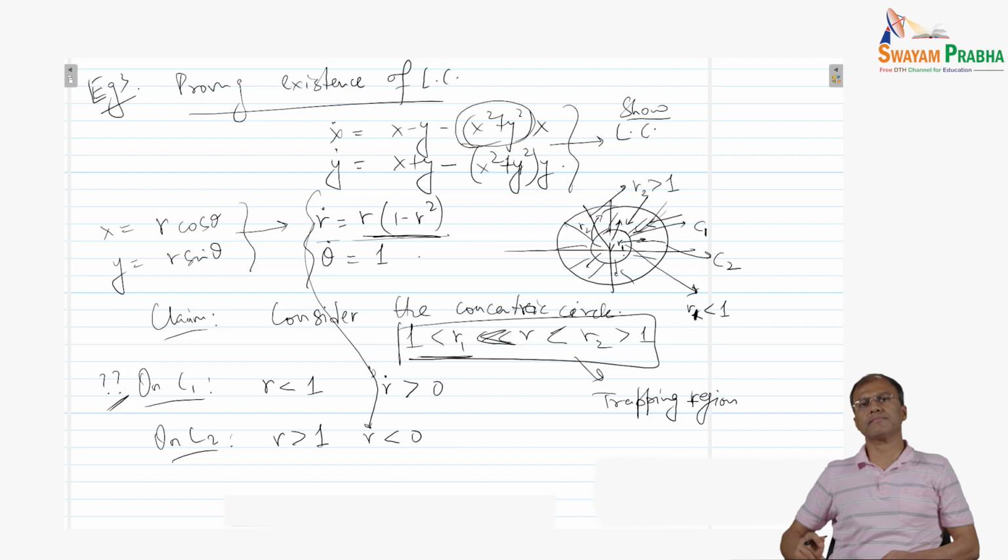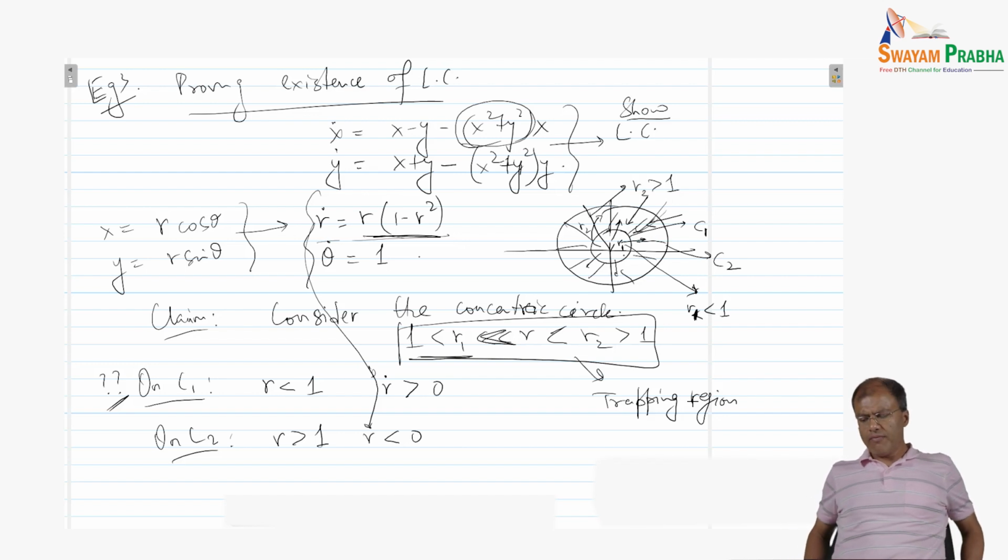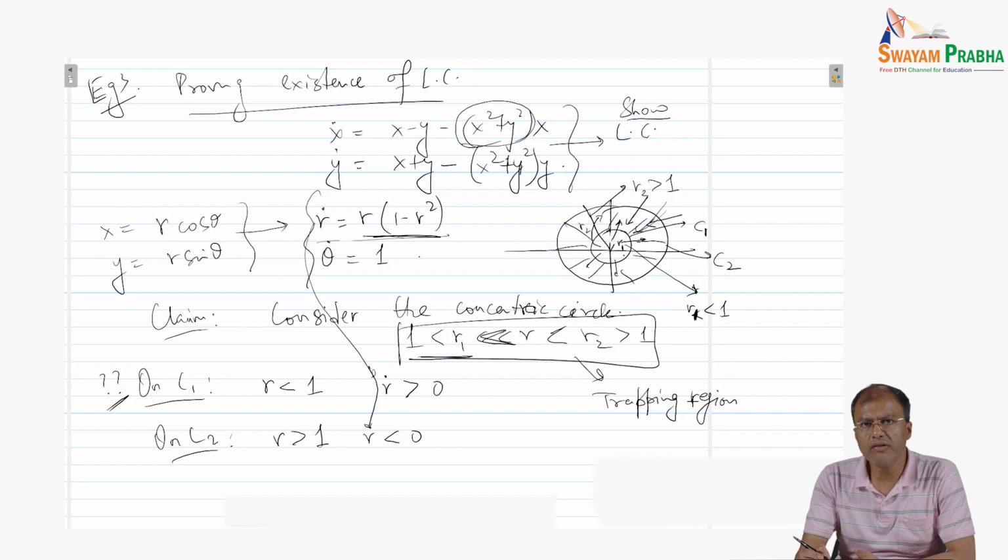What we expect is that if there is a limit cycle, it is bound to stay in this trapping region. Why? Because any trajectory which starts outside this trapping region is bound to come into it, and that is a sure sign of having a limit cycle if it exists.